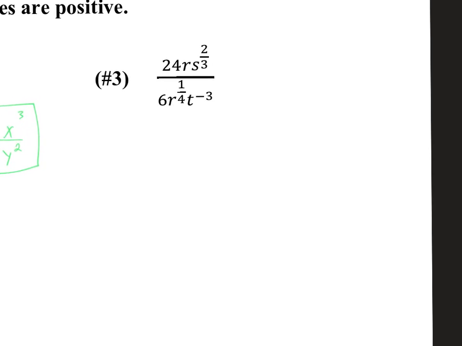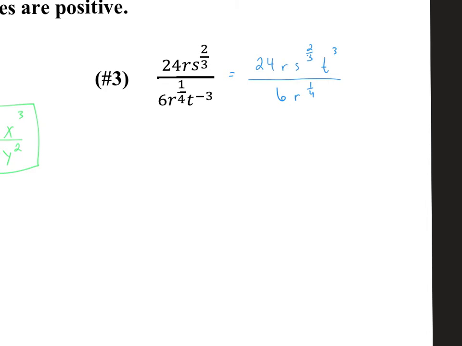The first thing I like to do is take care of that negative exponent right away. So I'm just going to rewrite this as 24 r s to the 2/3 power t cubed over 6 r to the 1/4 power. Okay, so I just took the t to the negative third power in the denominator and moved it to the numerator and then made it positive.